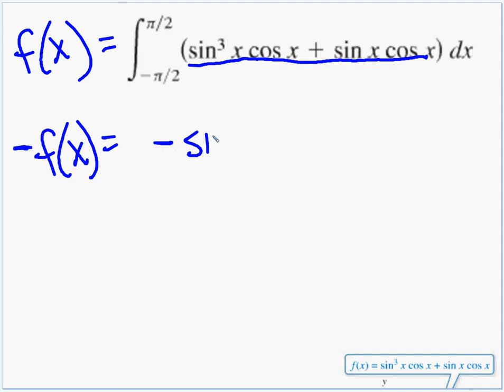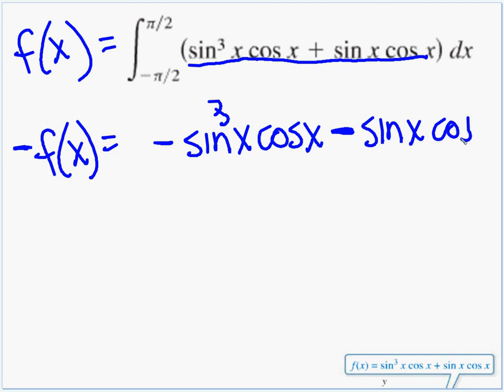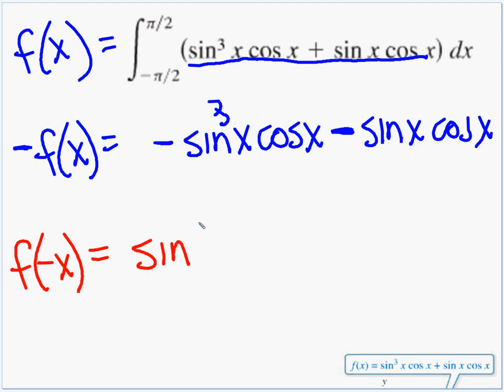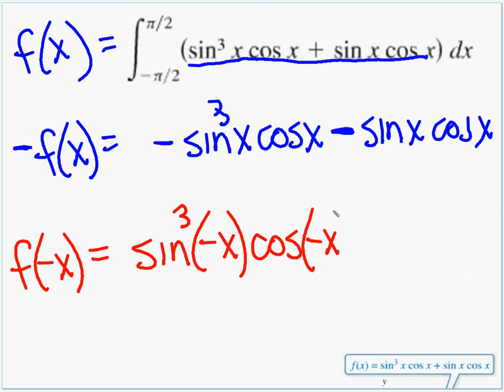Distribute the negative, that would now be a minus sine x cos x. Now to perform the test, we are going to perform f of negative x. So let's put negative x's in there, back up to the original. That's going to be the sine cubed of negative x times the cos of negative x plus the sine of negative x times the cos, I'm running out of room, of negative x.